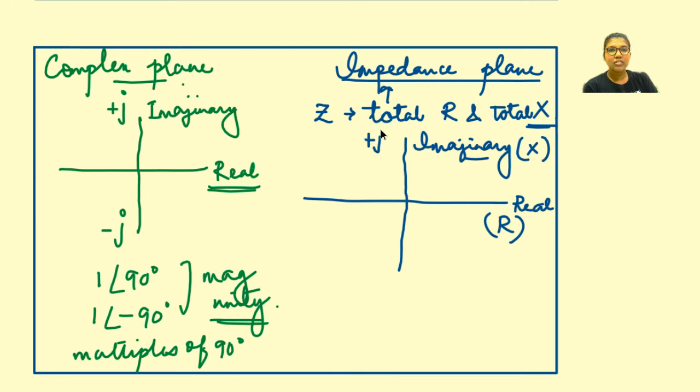So plus jX is along the upward direction of the y-axis, minus jX is in the downward direction of the imaginary axis. Now this upward direction is the reactance imposed by the inductors, that is the inductive reactance plus jXL, and in the downward direction it is the reactance given by the capacitors, that is the capacitive reactance given by minus jXC. Is this clear to all?